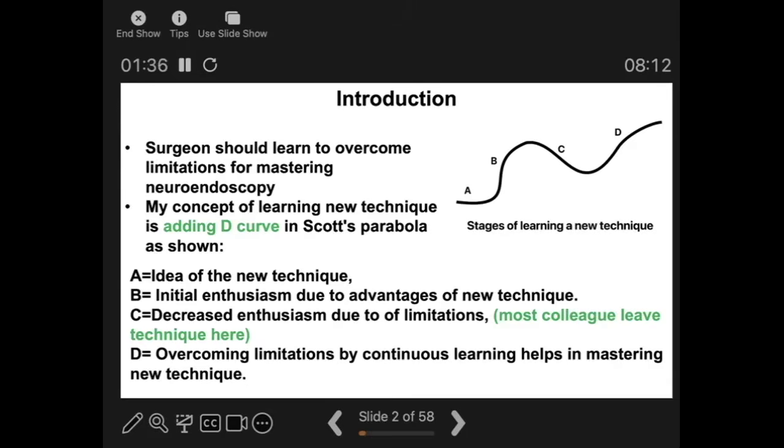D is mastery achieved by overcoming limitation through continuous learning process. So learning neuroendoscopy is equivalent to overcoming limitations.